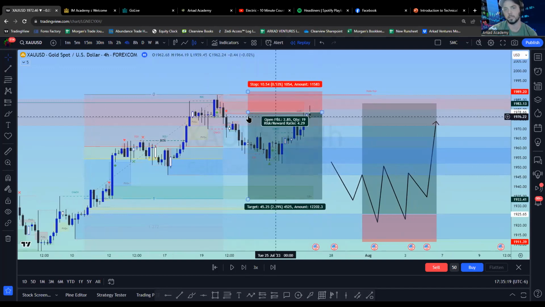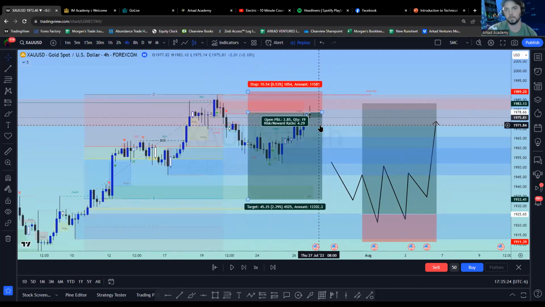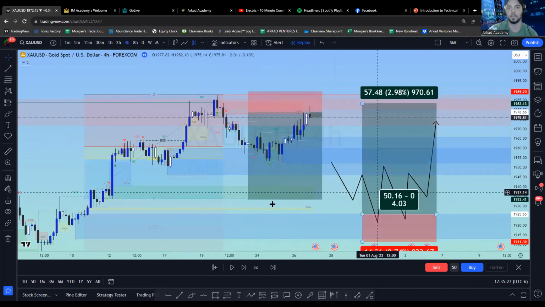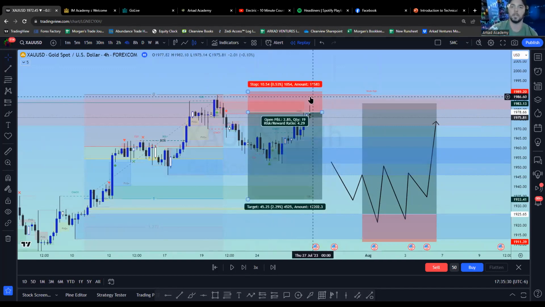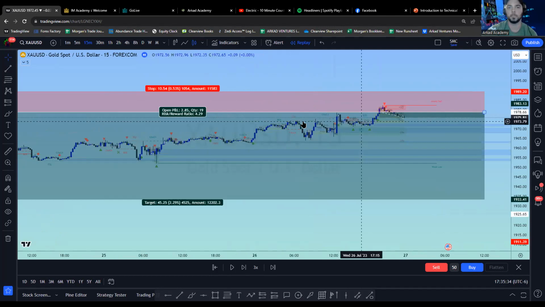And then you'd be in that trade. So this could take days sometimes, depending on what time frame you're on. But ideally, for a 4-hour, you'd want to drop down to a lower time frame and find a better entry.